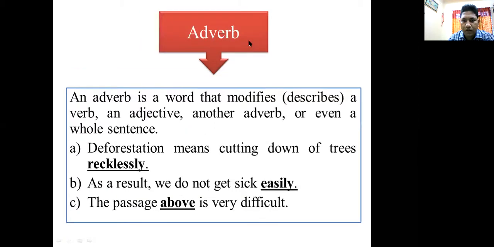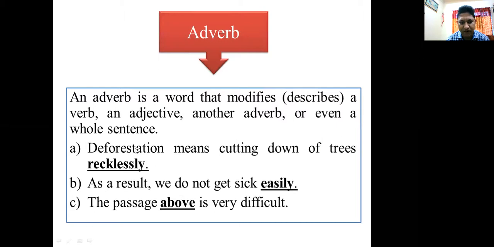Now, adverb. An adverb is a word that modifies or describes a verb, an adjective, another adverb, or even a sentence. So you see, adverb can modify verb, adjective, adverb, or even the full sentence. There are three examples. Deforestation means cutting down of trees recklessly. So recklessly is modifying verb.